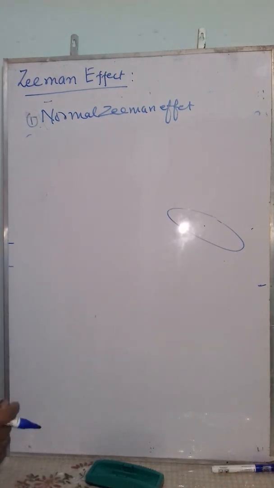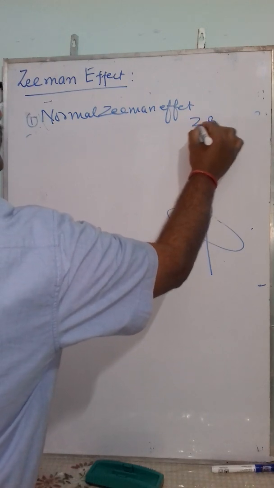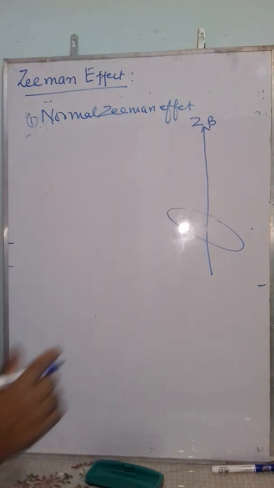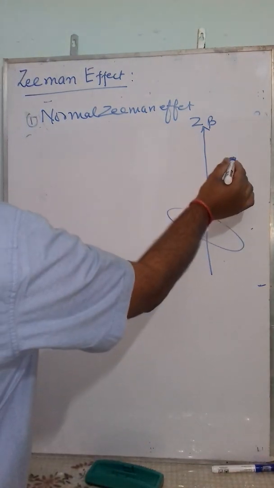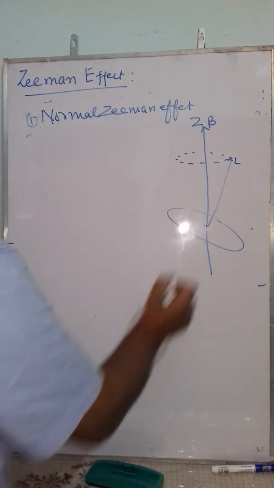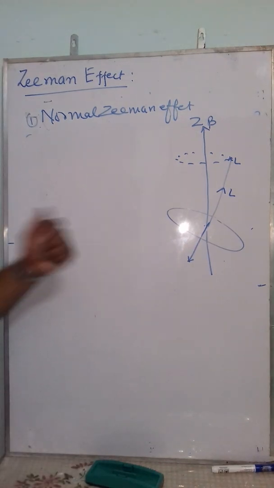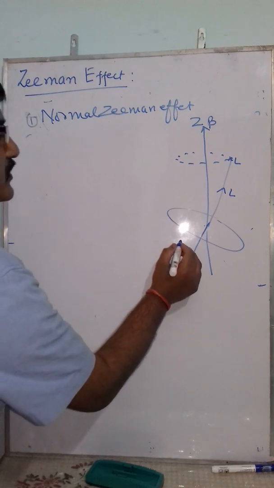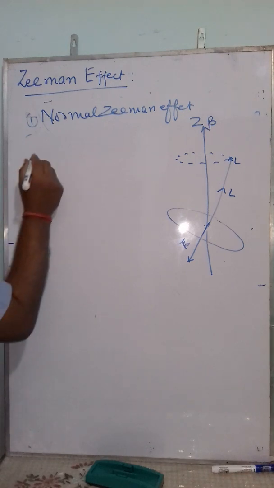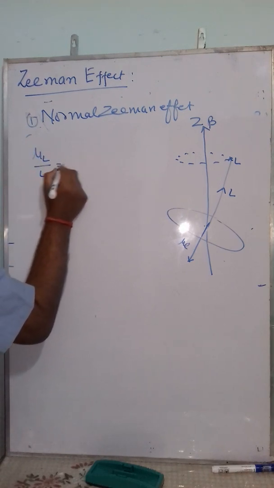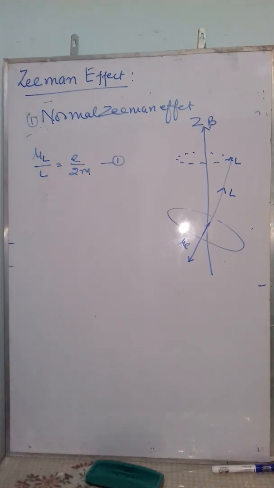If we apply a magnetic field B along the direction Z, since the orbital angular momentum L of this electron is along this direction, it precesses around the field direction. In the opposite direction its orbital magnetic moment mu L is directed, and from earlier knowledge we know that mu L upon L is equal to e upon 2m.